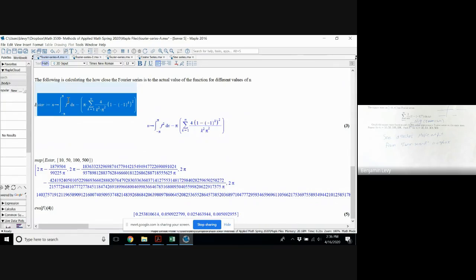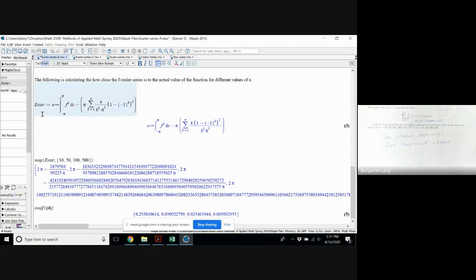Here I am defining E star. It's the difference between the Fourier series and the function. This is the E star that's listed at the top of page 30.